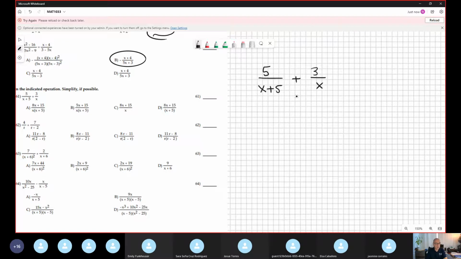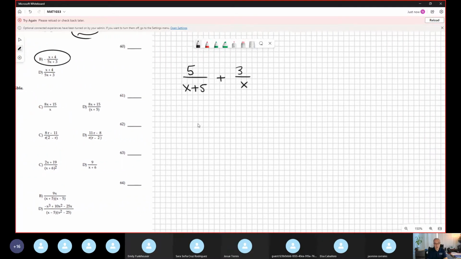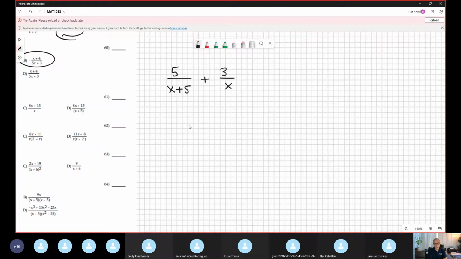What you should do is look at the operation. What is the operation in this case? It is plus, addition. So can you add two fractions when you have different denominators? No, so you find the least common denominator, LCD, between x plus 5 and x.